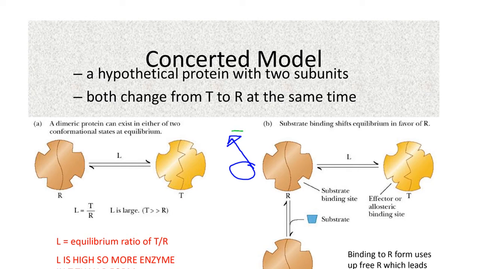And so it's taking away one of the members of the population that is the free R. And so that's going to cause another one from the T side to come over to become R. And so that explains positive cooperativity. And so then if another one comes and binds, it's going to shift it down. So another T is going to have to come on over to take its place to re-equilibrate itself.